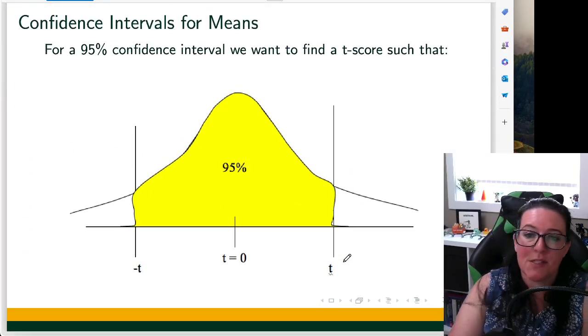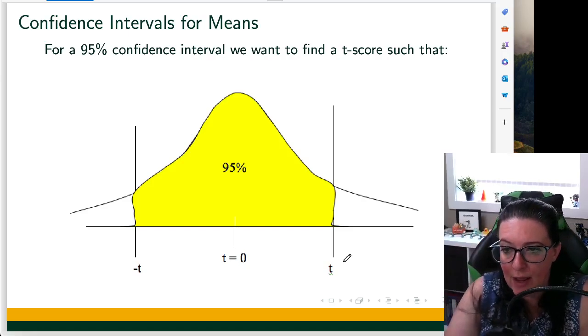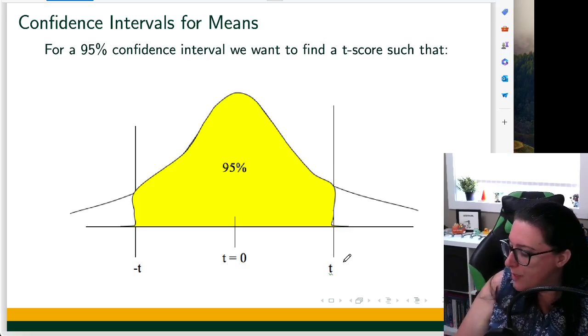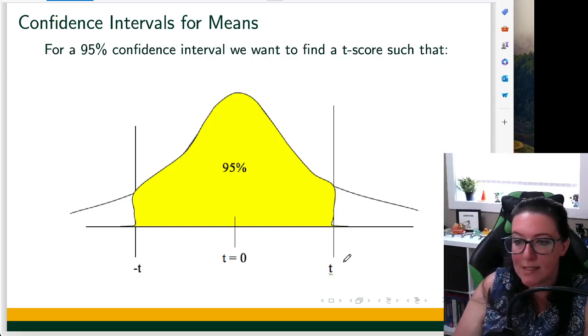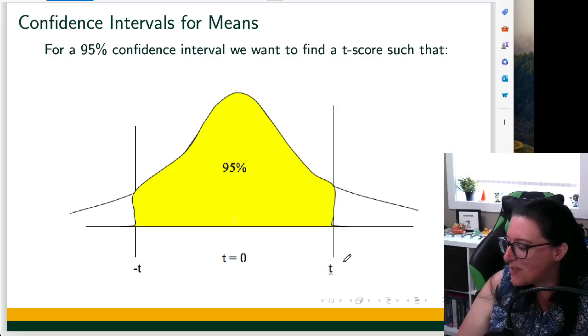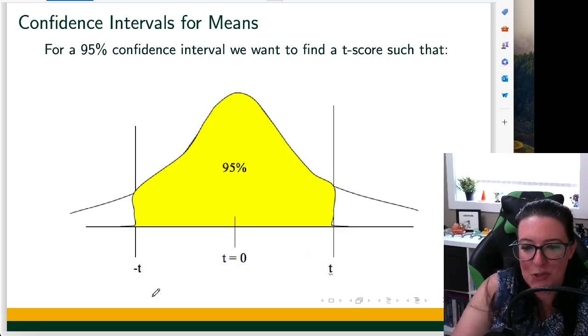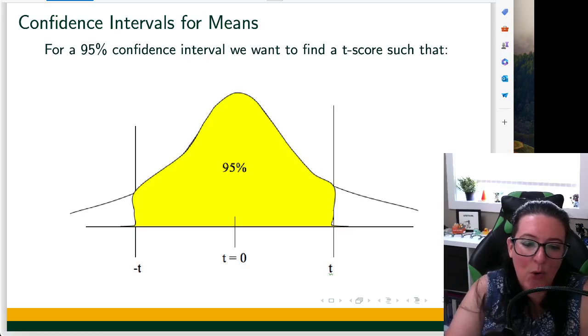So what's the difference in finding a confidence interval for means with a t distribution compared to a standard normal distribution? Well, the center is still t equals 0. The difference here is instead of z's we have t's. So we have a minus t and a plus t for our distribution, which means we can't use the standard normal table.